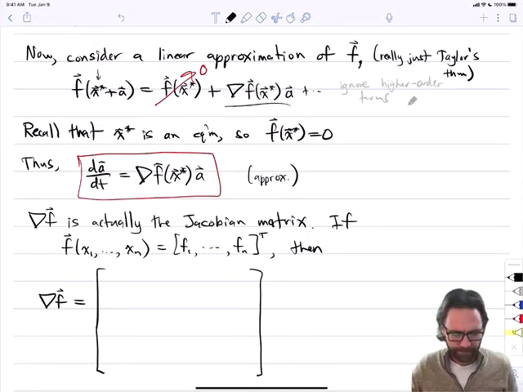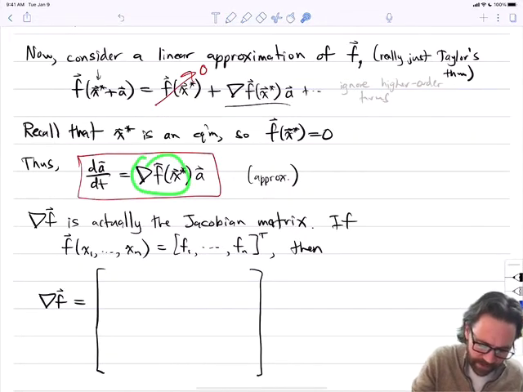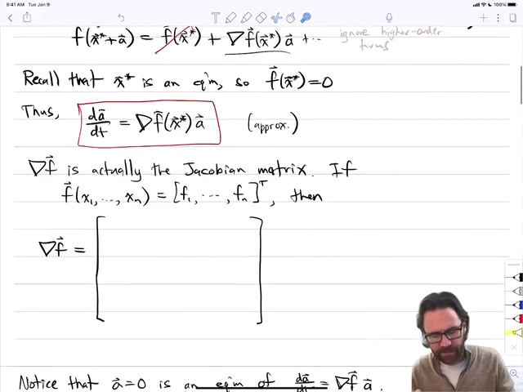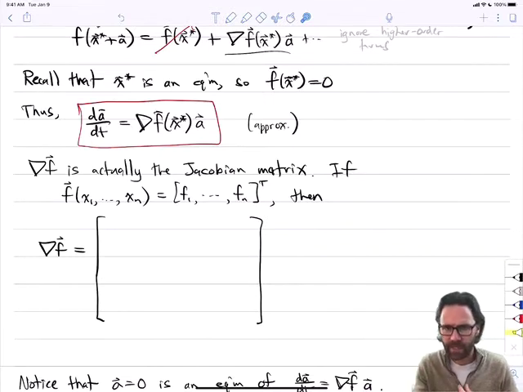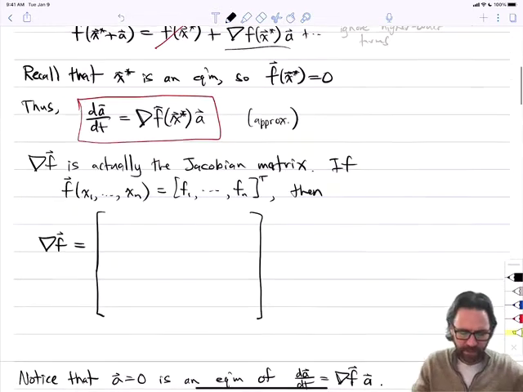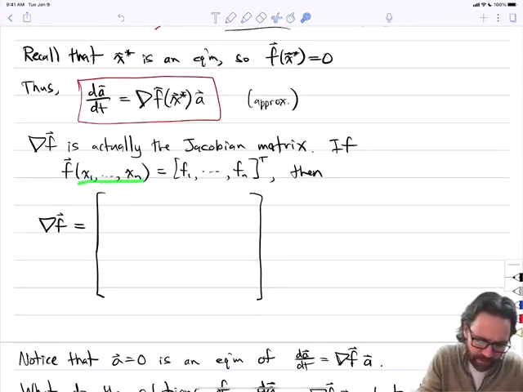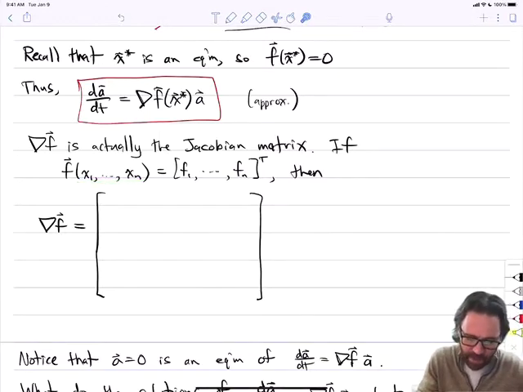Okay. So as I just said, that grad f thing, this thing here, is actually a Jacobian matrix. So the Jacobian is when you have a function with many inputs and many outputs, the Jacobian is basically a collection of the derivatives. So if f basically has a whole bunch of inputs, x1 through xn, and each of those inputs contributes to a different output function.